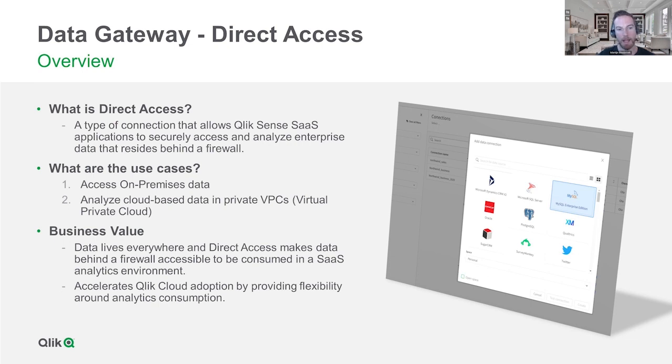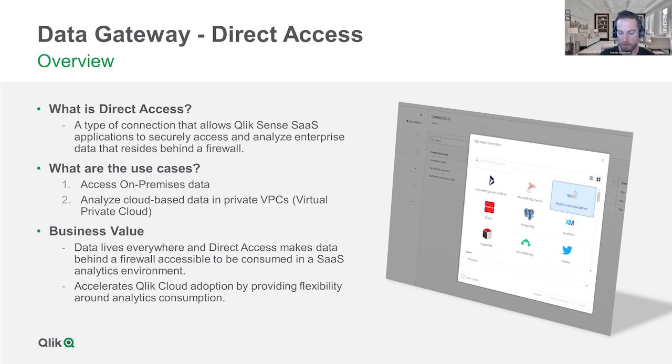So what is the Data Gateway Direct Access? As you can see on the right, if you connect to Qlik Cloud, open Qlik Sense, and you want to add a data connection, the Direct Access Gateway allows you to connect to your local running SQL Server, for example, while working in the cloud.